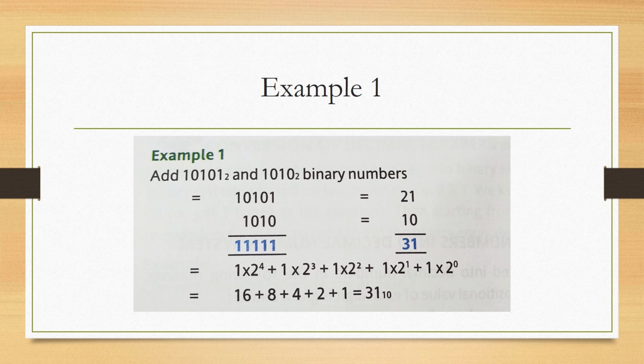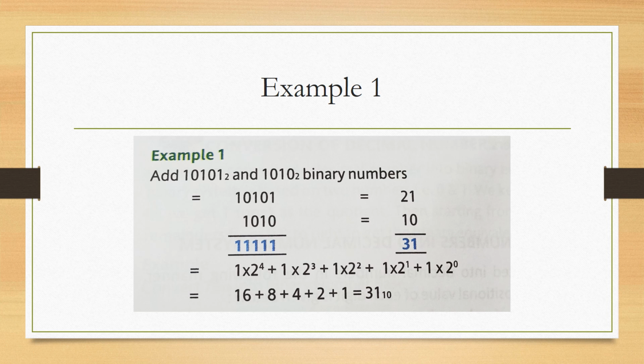Let us take the first example of adding two binary numbers. The two numbers are 10101 and the second number is 1010. You must have seen that 2 is written at the bottom of these two numbers as the base of binary is 2. Let us add these two numbers. 10101 plus 1010. How to add these numbers?